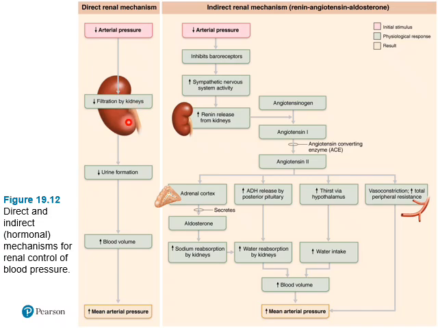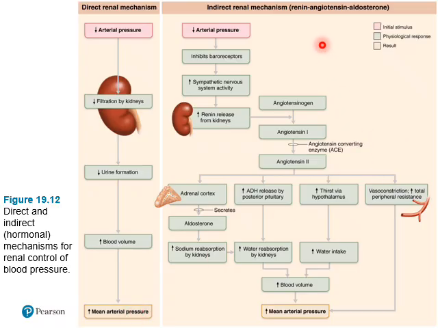It will decrease the filtration in the kidneys. Then it will also decrease urine formation. And when it decreases urine formation, it increases blood volume because you're not going to urinate. And that's going to increase the mean arterial pressure. So you reverse that, and that's going to decrease the mean arterial pressure.